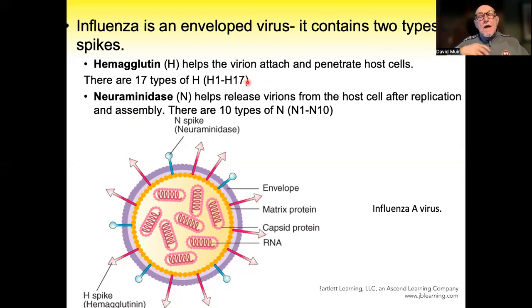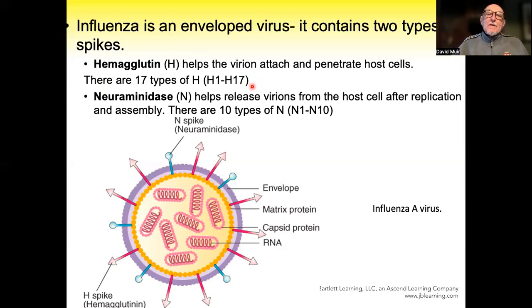As we look at influenza as it circulates around the world and through animal reservoirs as well, we have recognized so far 17 different kinds of hemagglutinin, numbered H1 to H17.